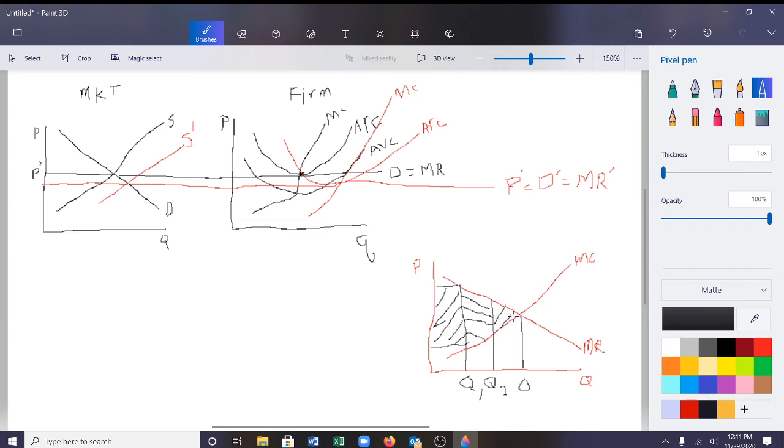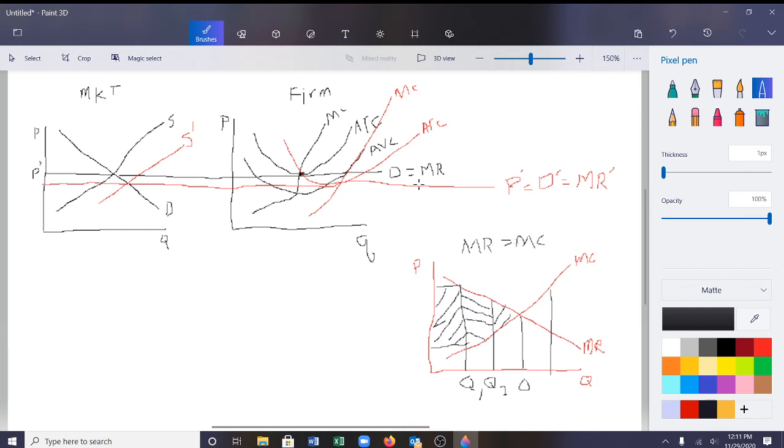Because if you reduced it, you'd be back in this range where your revenue from selling another unit was greater than your cost. And if you were to sell out here, your cost of selling an additional unit would be higher than your revenue. So the profit maximizing decision for any firm is going to be setting marginal revenue equal to marginal cost. And again, that doesn't matter if you're a monopolist or a perfectly competitive firm.